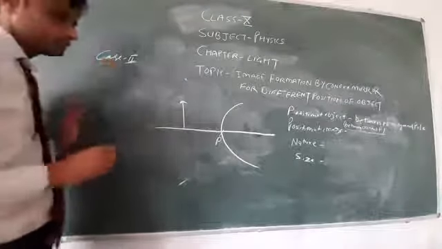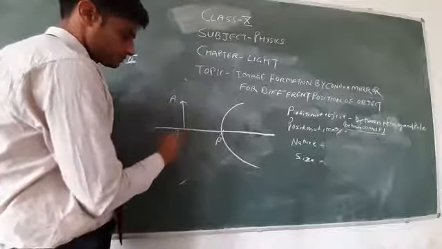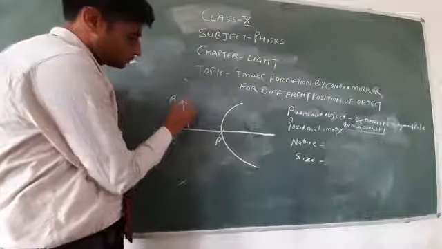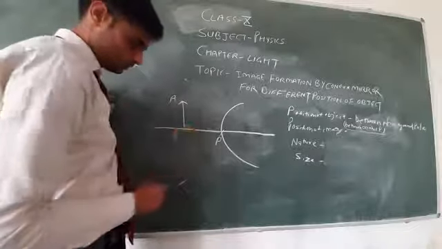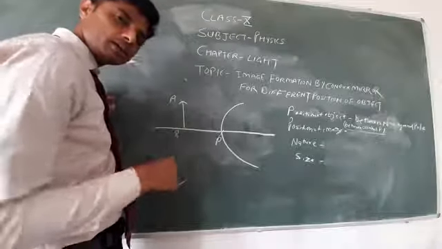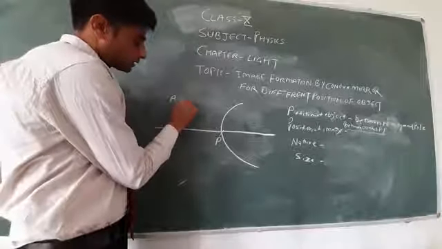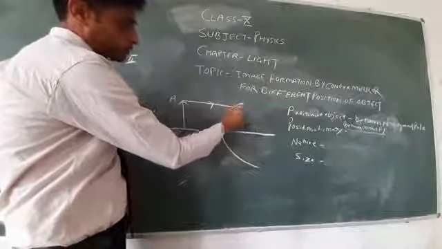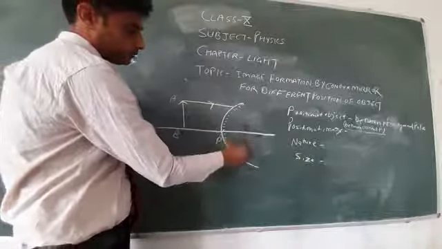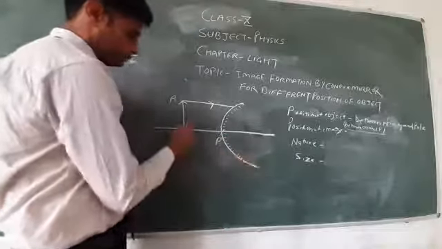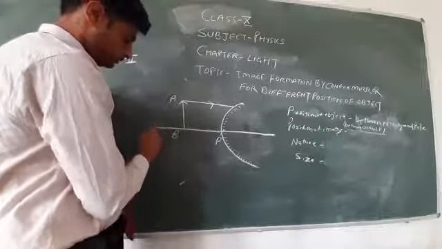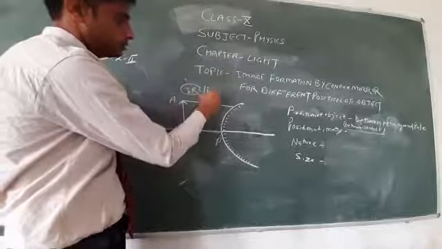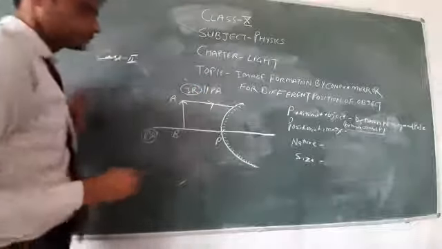This is case second, and the object is AB. This is the top of the object, and that is the bottom side. So let a ray of light start from the top and travel parallel to the principal axis. That is the convex mirror, and that is the principal axis. That is the incident ray parallel to it.